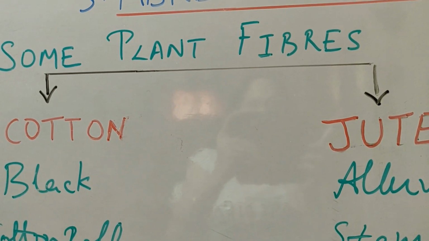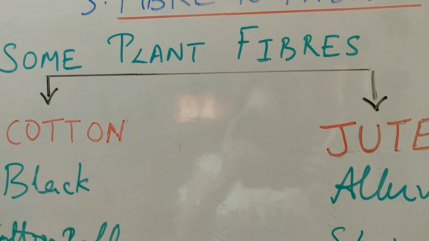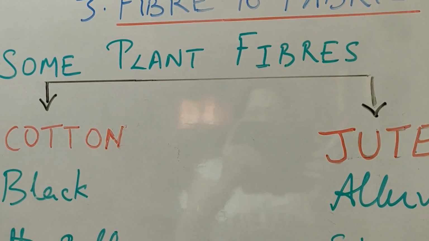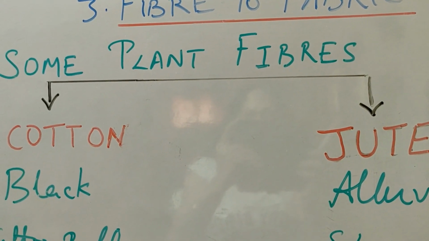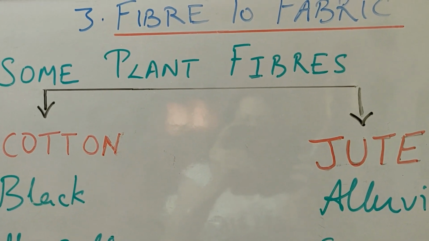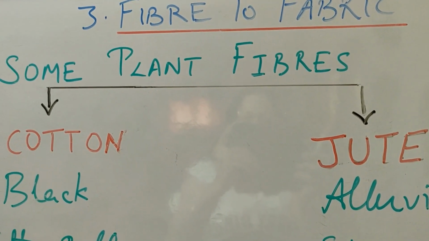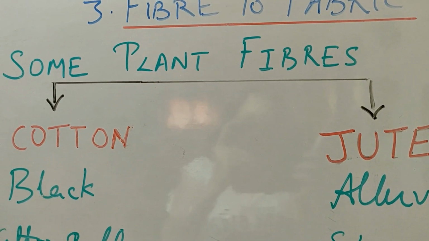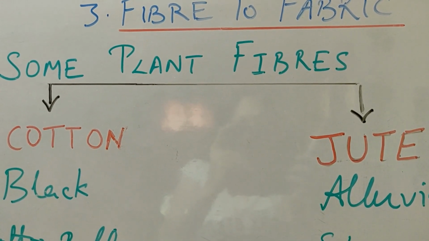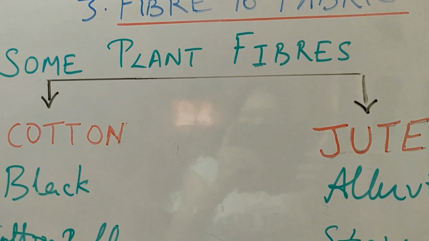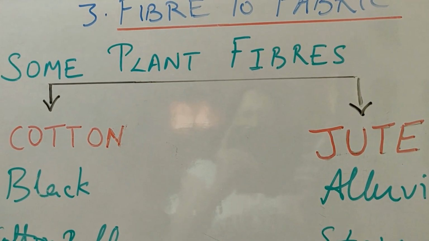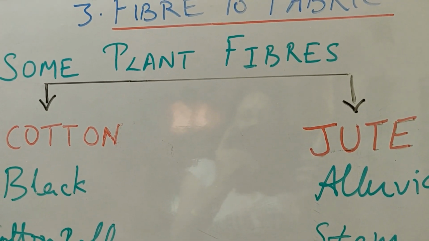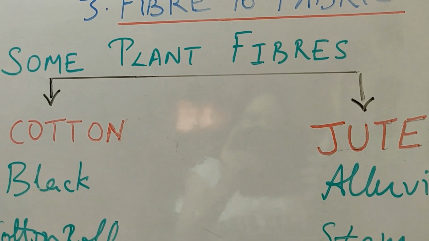So we should understand what is the soil required for them, what is the plant part which gives us the fiber, when we can harvest it, and how we can harvest, what is the process of getting the fiber, what is the major requirement for these plants. All this you will understand. And this will also tell you the differences between these two plants, which are the plant fibers.